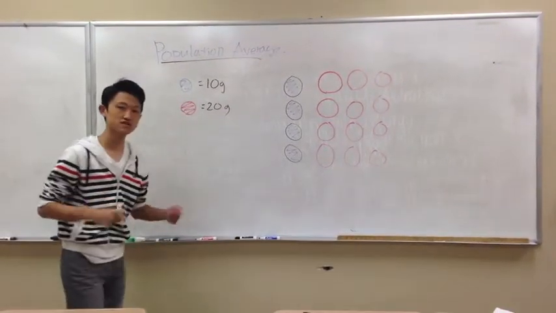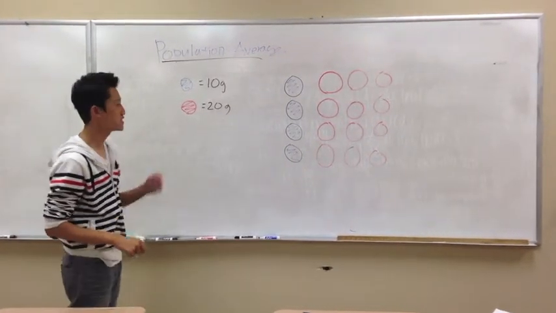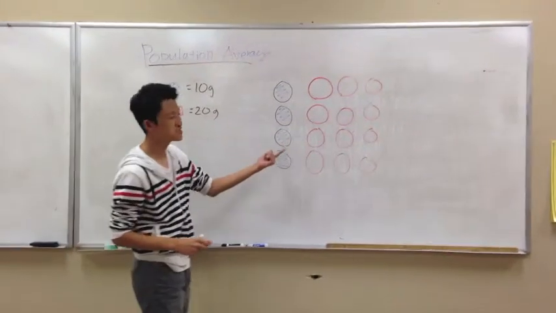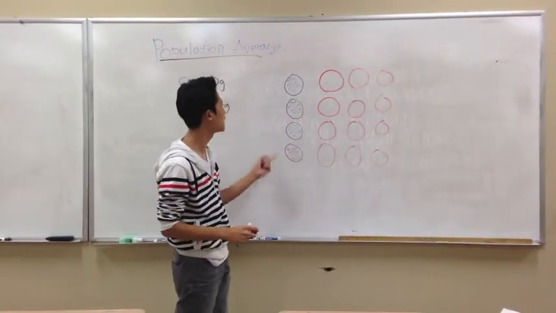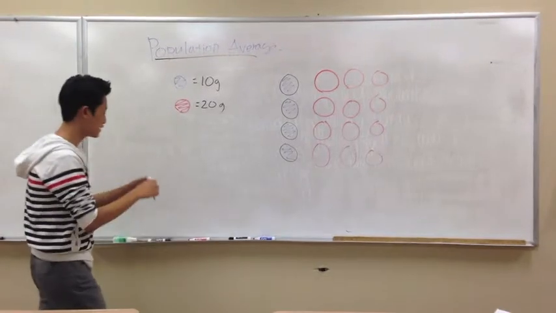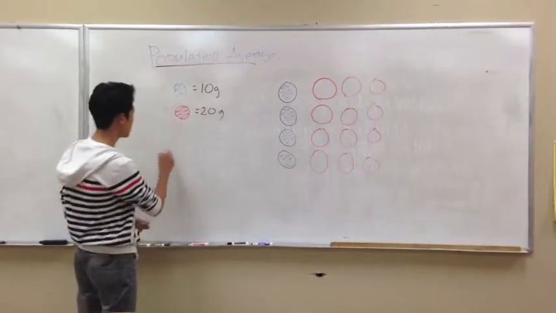Your first instinct might tell you that the average is 15 grams, but that's actually not true, because as you can see, the number of red atoms and blue atoms are different. So there's actually a certain way we can do this to solve the problem.